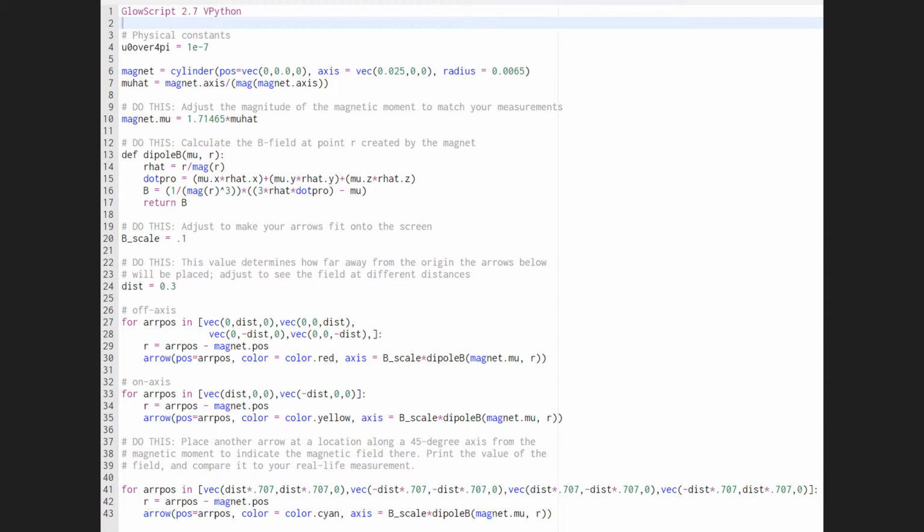I then multiplied that by negative x for the negative x, positive y direction, and so on for the other quadrants, which resulted in this model. As you can see, the yellow arrows are the arrows on the x-axis, the red arrows are the arrows on the y-axis, and the blue arrows are the arrows for the 45-degree or any other axis.